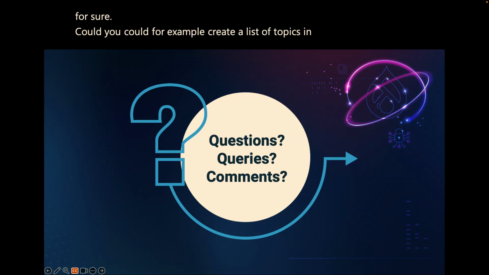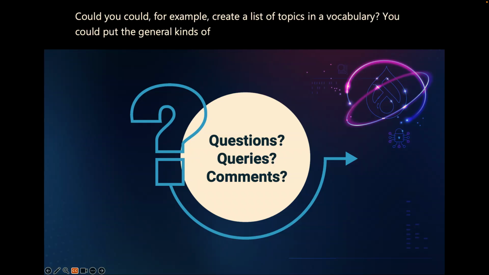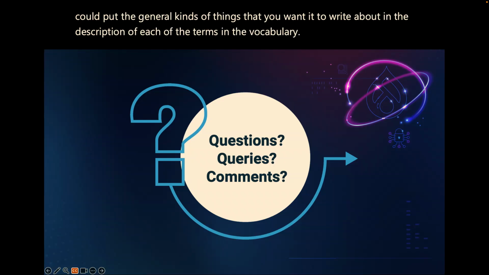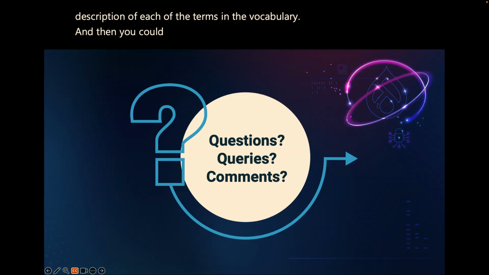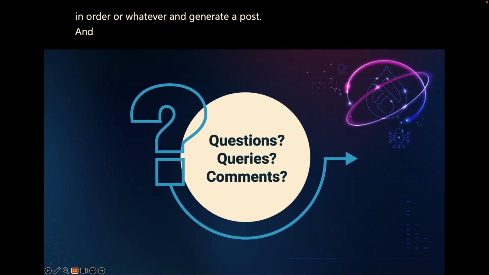You could put the general kinds of things that you want it to write about in the description of each of the terms in the vocabulary, and then you could set up a cron job to hit a random vocabulary term, or in order or whatever, and generate a post. And leave it unpublished, right? Or in a kind of moderation queue.